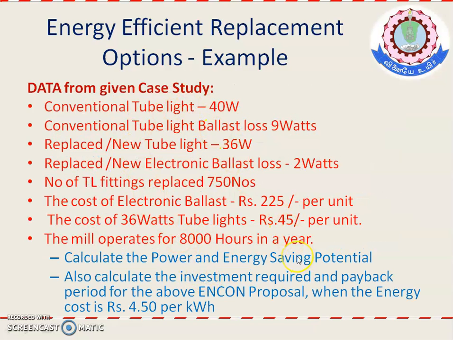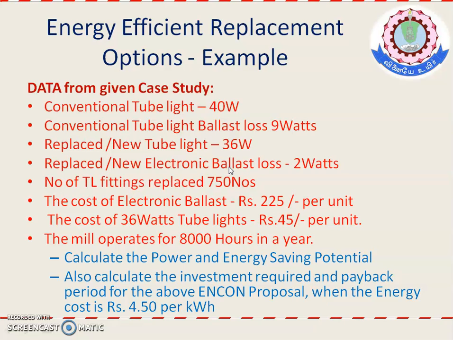These are the data you can retrieve from the question. Conventional tube light watts is 40 watts. Conventional tube light ballast loss is 9 watts. You are going to replace it with a new tube light which has 36 watts. The new ballast loss is 2 watts. The ballast is the square, rectangular box like arrangement you can see in the tube light fittings.